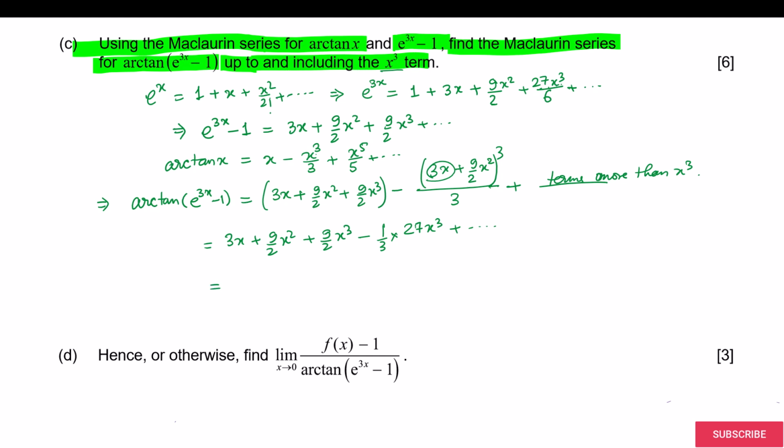So finally we got this thing as 3x plus 9 over 2 x squared, and here 9 over 2 x cubed minus 9 is going to be minus 9 over 2 x cubed, because 9 twos are 18, 9 minus 18 is negative 9. So this is the answer and the rest would be ignored because we need to write till the cube. I hope it is clear.